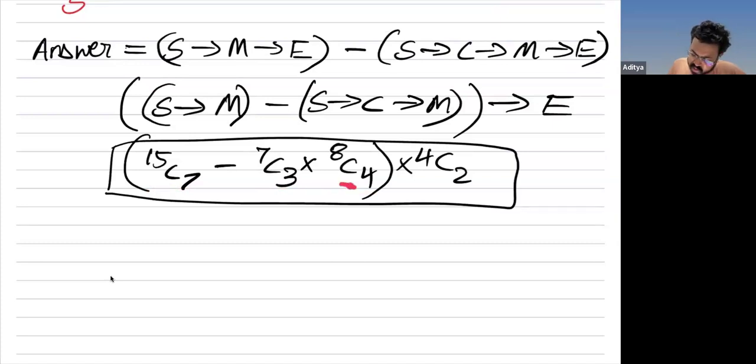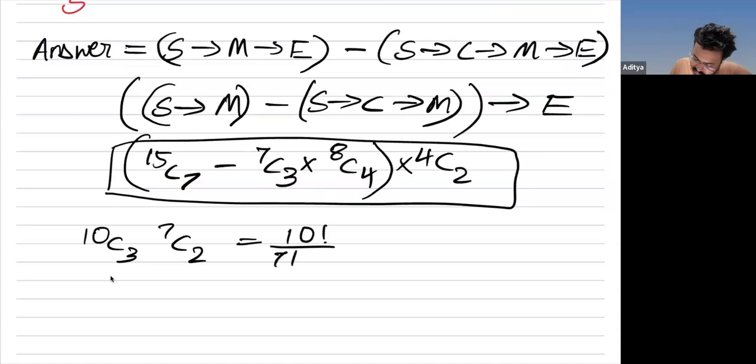I'll give you other questions in the future where I'll showcase that the same notation can be expressed in different forms. For example, if you are supposed to do 10C3 and then 7C2, you could write this as 10 factorial upon 7 factorial, 3 factorial, and then 7 factorial upon 5 factorial, 2 factorial.